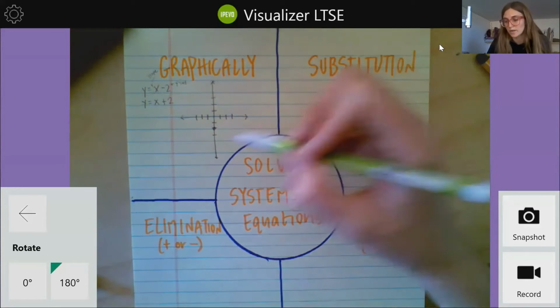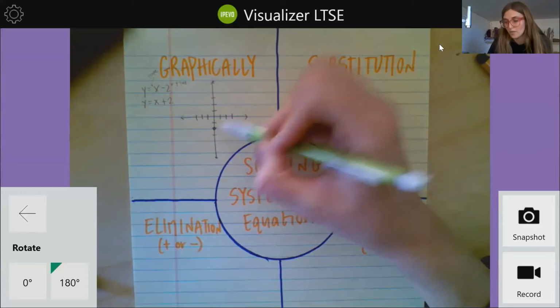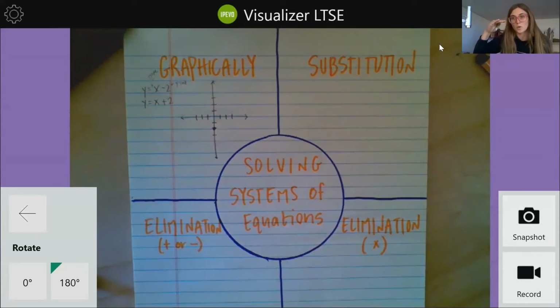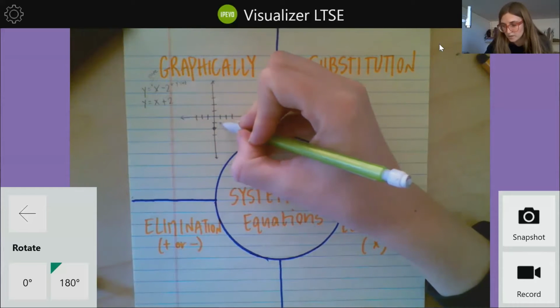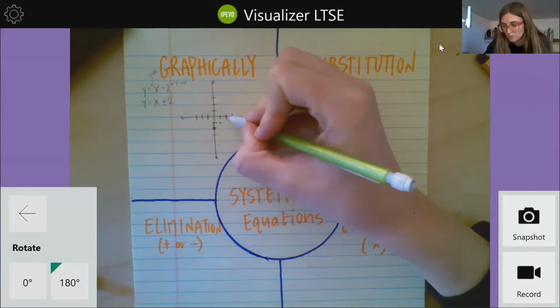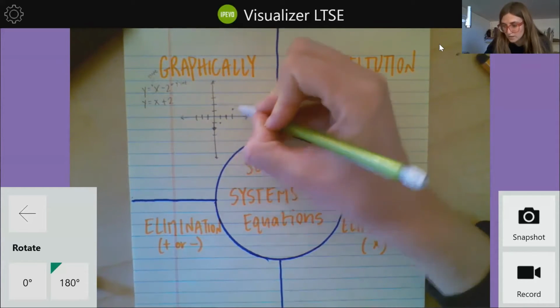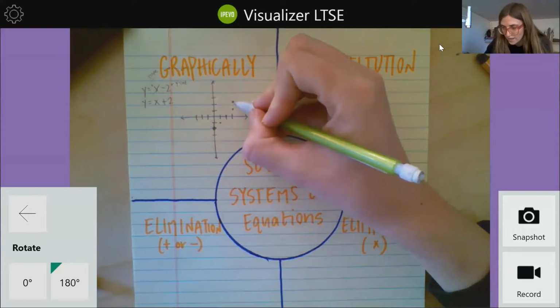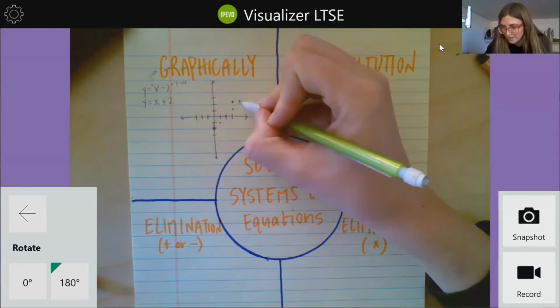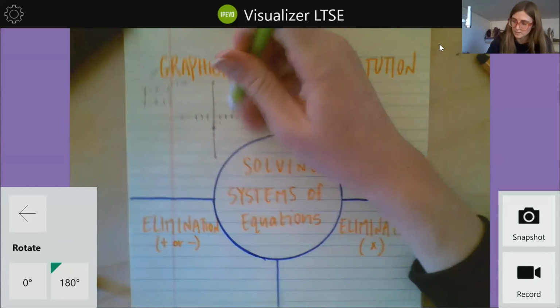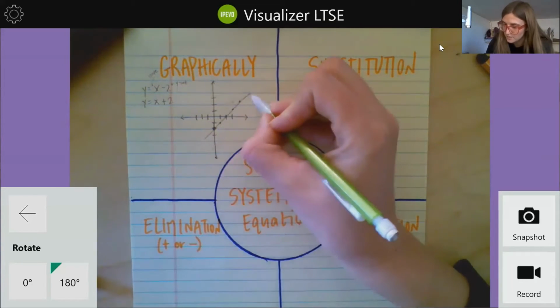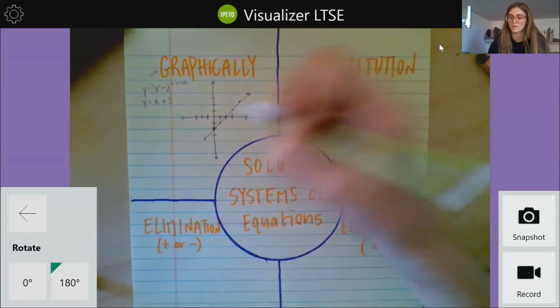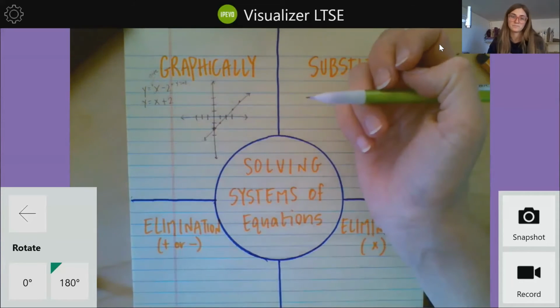The slope is 1, which means my rise is 1 and my run is 1. So I go up 1 over 1, up 1 over 1. Then we just connect those dots, and I have my graph of that first equation.